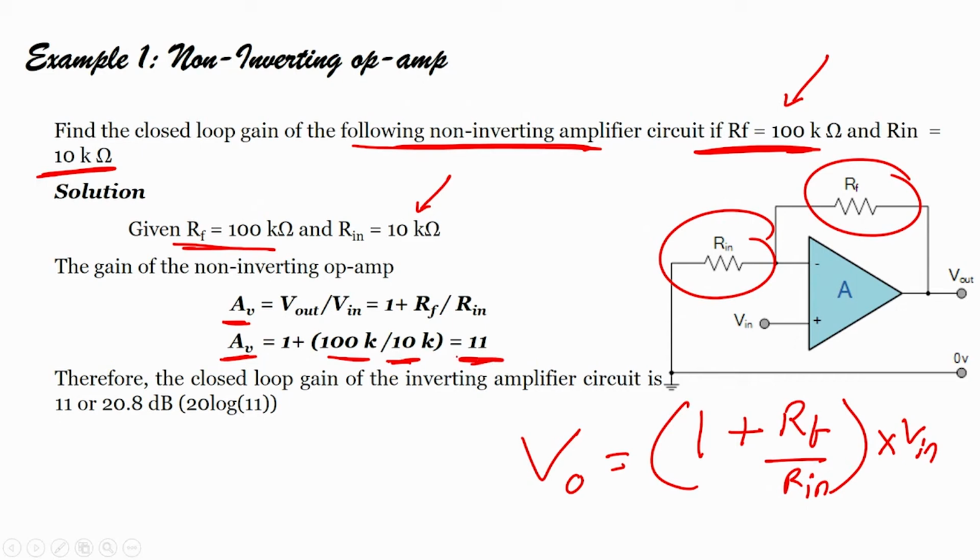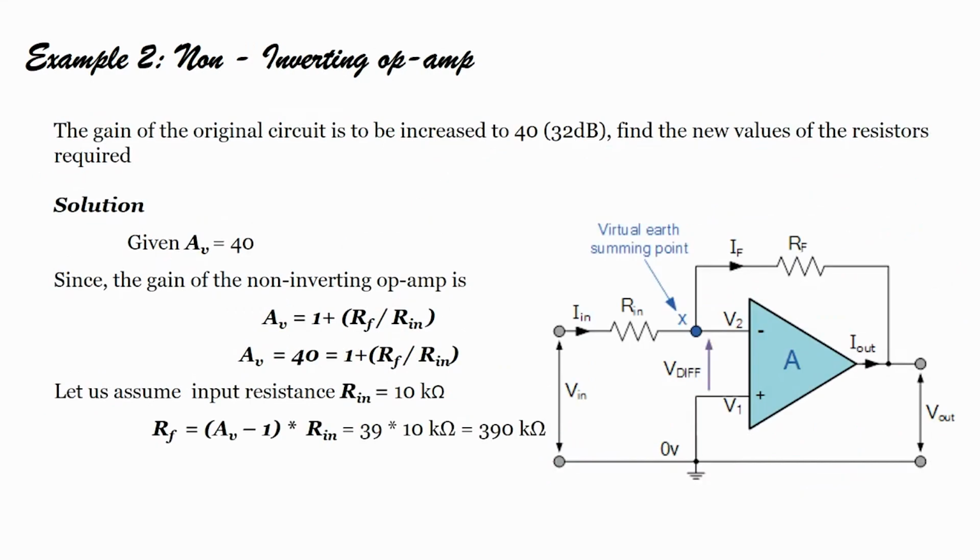Therefore, the closed loop gain of the amplifier circuit is 11 or 20.8 dB. This we can get by converting the value of gain into decibels using 20 log of gain, or 20 log of 11, which is equal to 20.8 decibel. Super easy, because you just have to substitute the values of the resistors in the given equation.